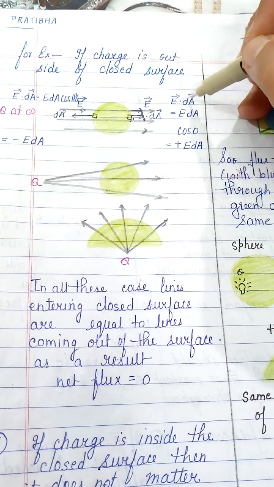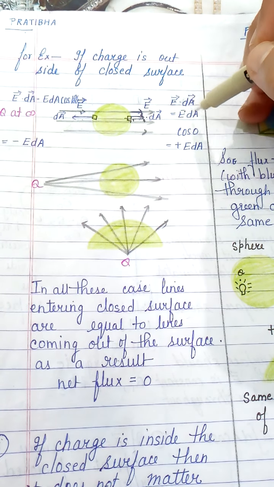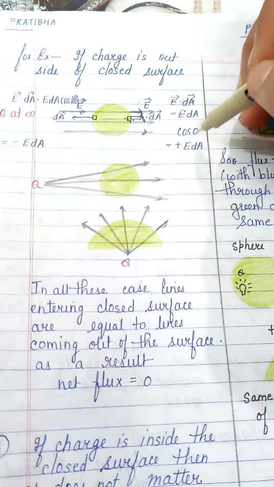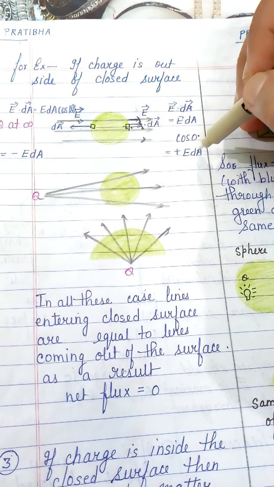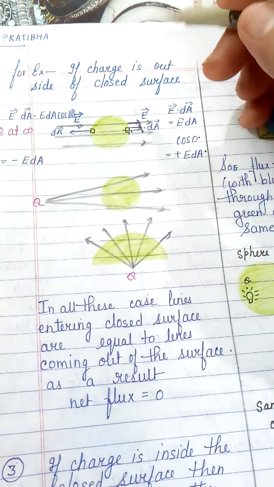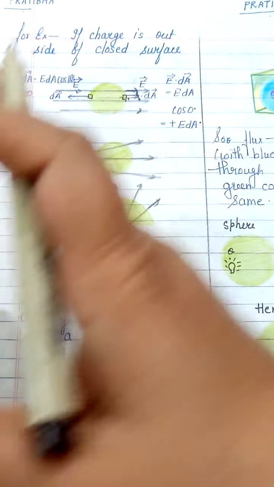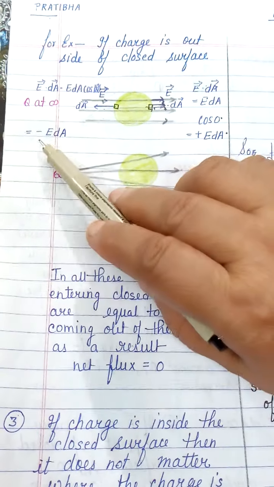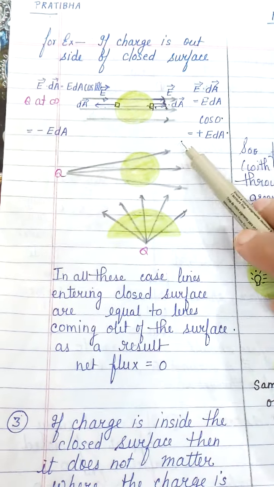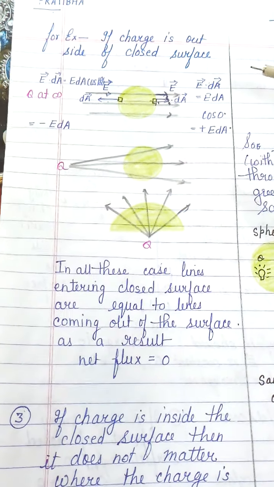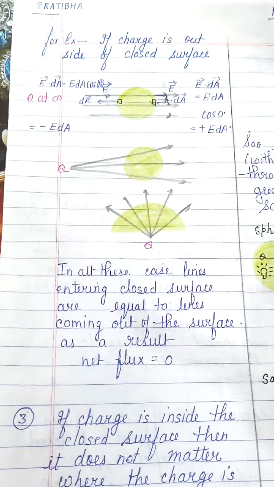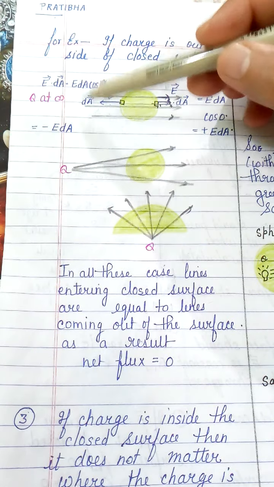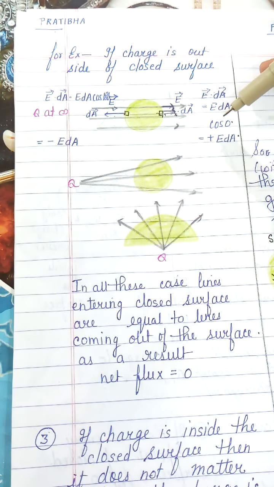So E dot dA will become E dA cos 0 and that will become plus E dA. So what is the net flux? Net flux is the algebraic sum of the two. So minus E dA plus E dA means 0.